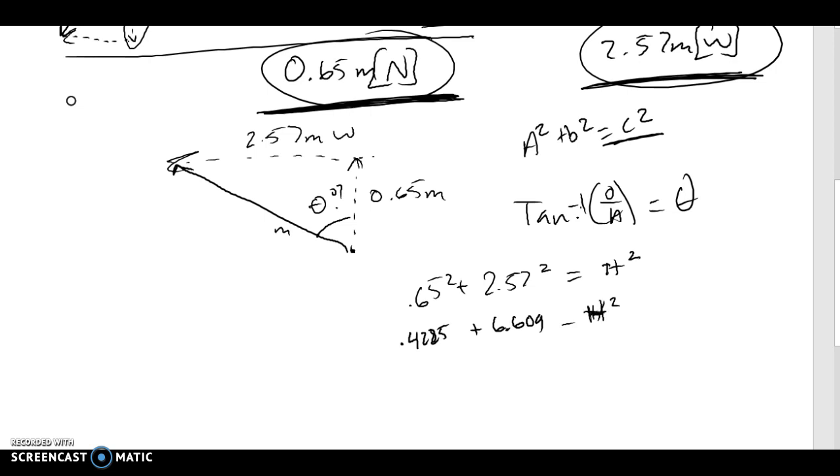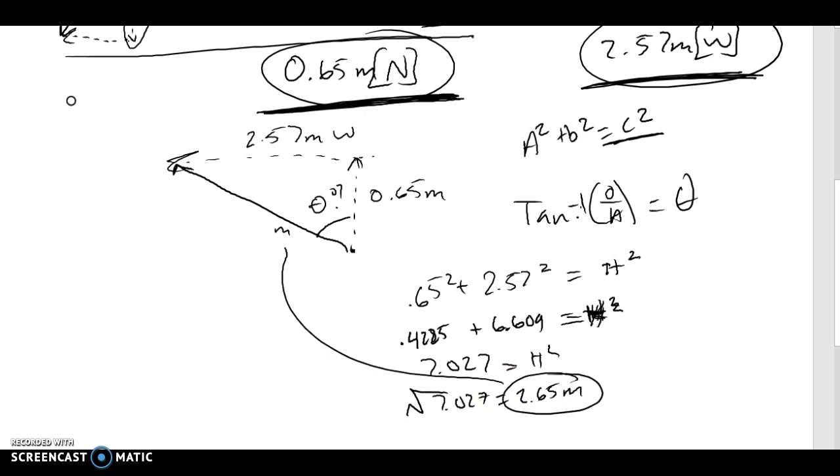So 0.4225 plus 6.609 is going to equal 7.027. Now you take the square root of 7.027, and you get 2.65 meters. Now your magnitude is 2.65.